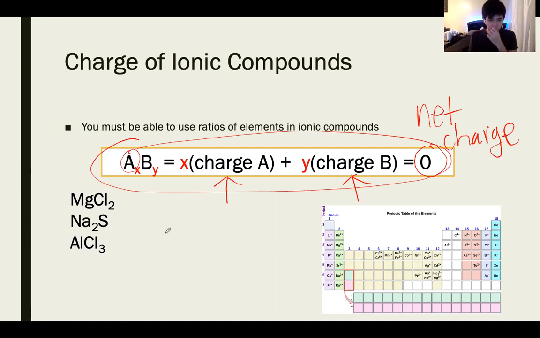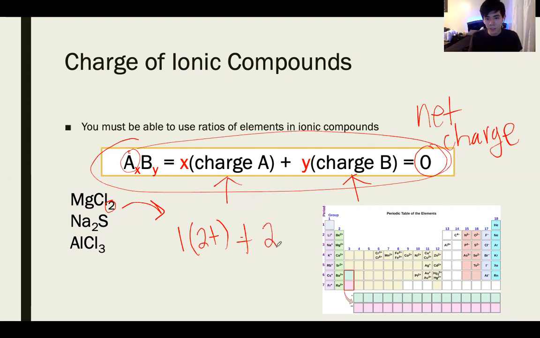So just as an example, magnesium chloride. We have 1 magnesium, and the charge of magnesium is +2, right? And then we're going to do the chlorines now. So we have 2 chlorines, as indicated by the subscript right here. That indicates that there are 2 chlorine atoms present in this compound.